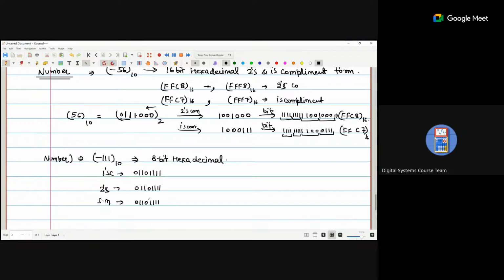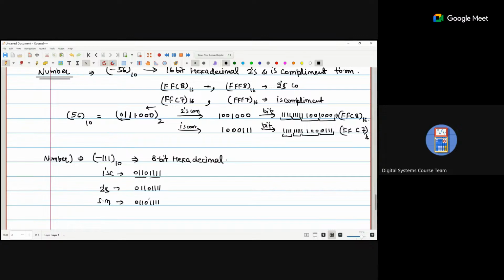Now you see that the number is 8-bit, already 8-bit. And we have to represent 8 bits, so we do not require any bit extension here. If the number of bits is less than 8 bits, then we require a bit extension.